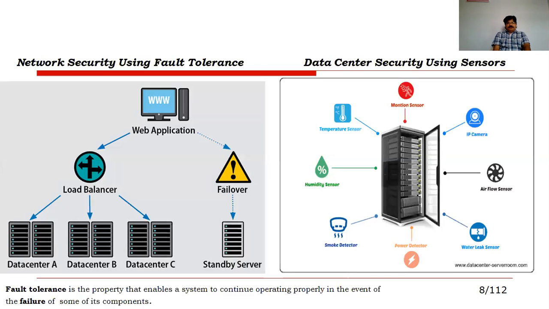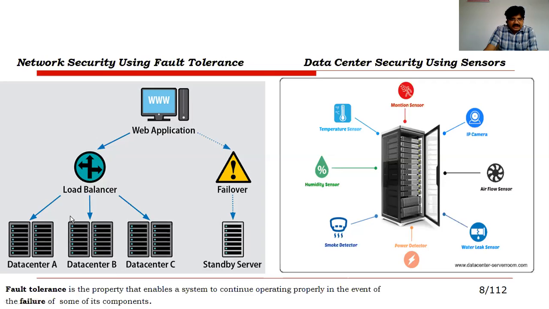Now let us see and compare how we can provide the security to the networking and security to the data centers. We will discuss that now. If you consider a cloud computing environment, there are n number of data centers: data center A, data center B, data center C, and so on. Many data centers are there. These data centers are sharing the resources from the web application through load balancing only.